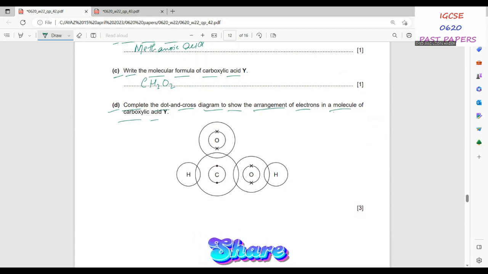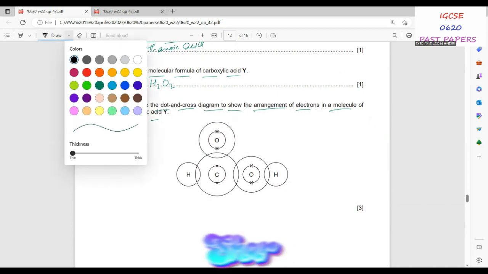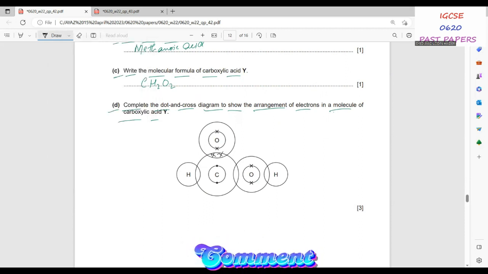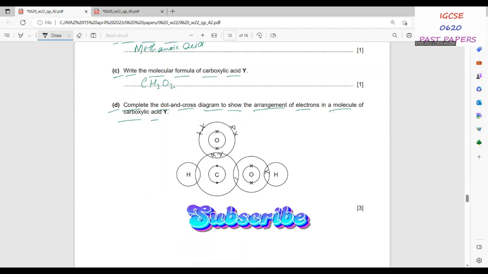D, complete the dot and cross diagram to show the arrangement of electrons in a molecule of carboxylic acid Y. First of all, we'll show the electrons for the oxygen atom. Each oxygen atom must have 6 valence electrons. So 2 electrons will be shared with this carbon atom. For this oxygen atom, 1 will be shared with the hydrogen atom and 1 will be shared with the carbon atom.